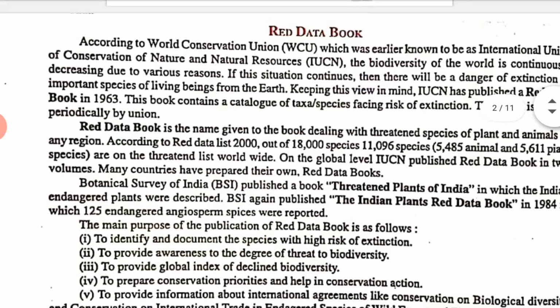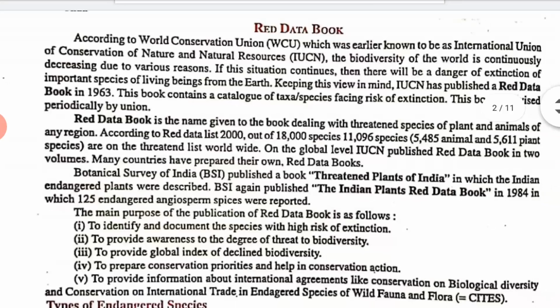Okay, so what is the Red Data Book? According to the World Conservation Union, that is WCU, which was earlier known as the International Union for Conservation of Nature and Natural Resources, that is IUCN, the biodiversity of the world is continuously decreasing due to various reasons.